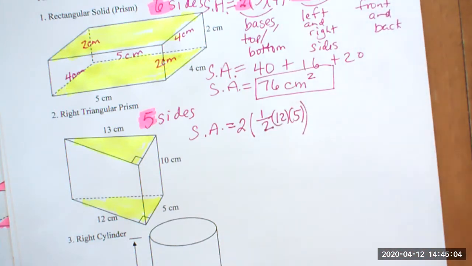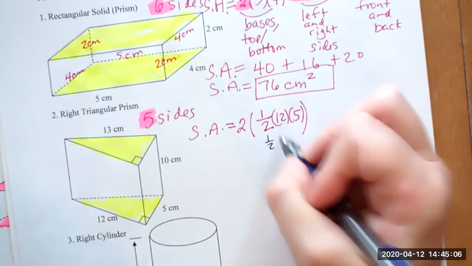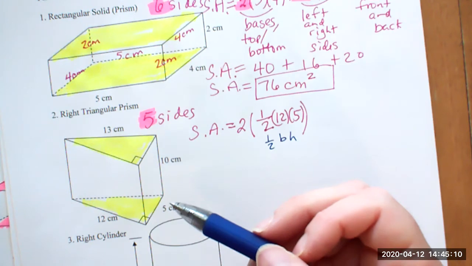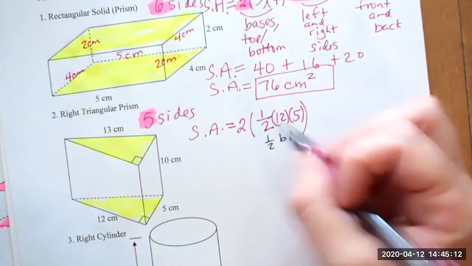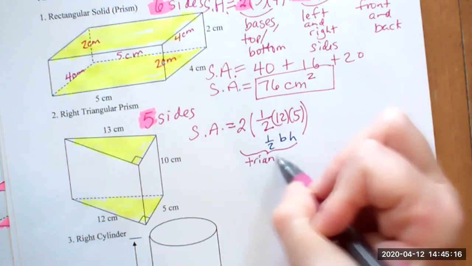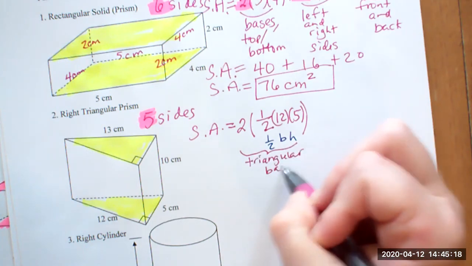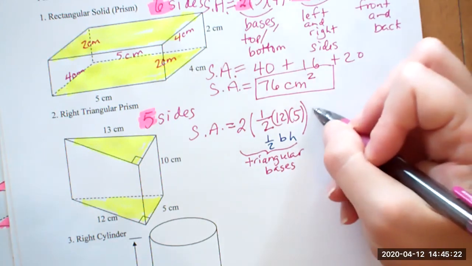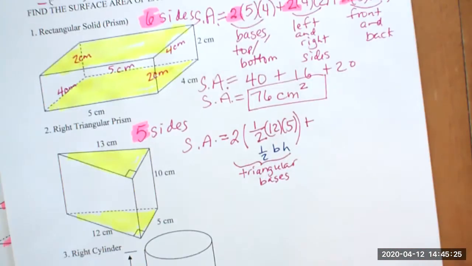And you might want to write that underneath, 1/2 of base times height, so you understand that we're talking about the areas of those triangles, right? So this is the triangular bases. Okay. Next, that took care of 2 out of the 5 sides.